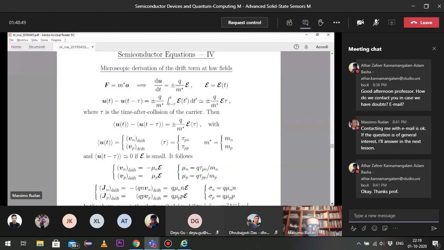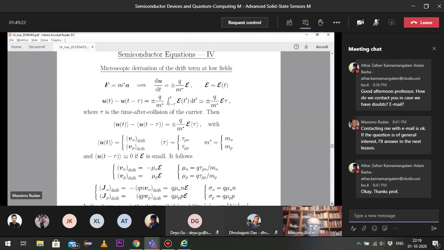If there is an external force like the electric field applied to the particle, by Newton's law, the acceleration A will be related to the external force by this equation. So A times the effective mass is equal to the force. Let's divide by the mass. And remember that the acceleration is the time derivative of the velocity.